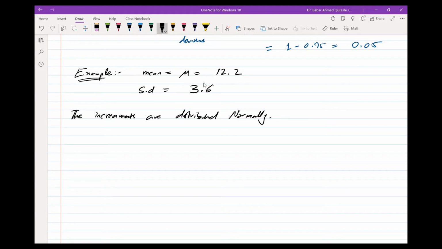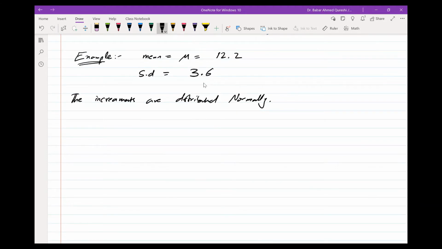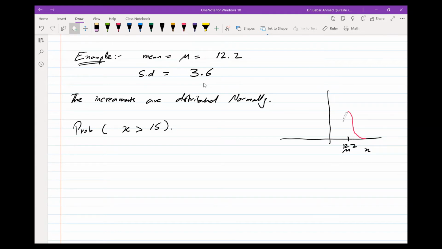So if you pick a person from all these people in the organization, what is the probability that the increment will be more than 15%? So the probability that the increment, which I'm denoting as x, is more than 15. You have this x, mu is 12.2, and it's distributed something like this.